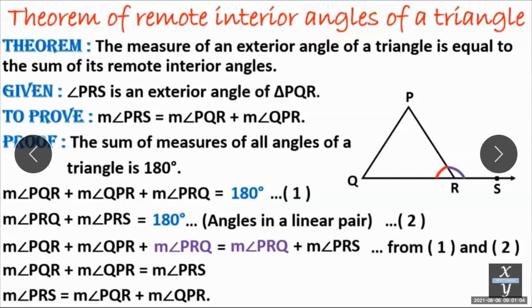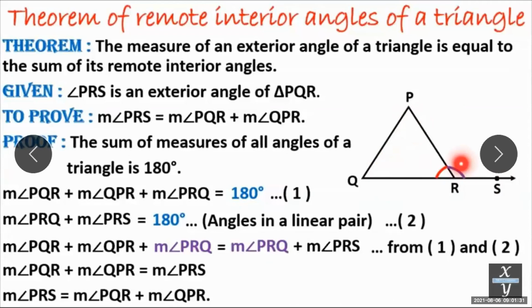The same diagram is here. Okay. Triangle PQR is given here. Okay. So angle P and angle Q, those are remote interior angles. And this angle PRS, this angle is the exterior angle.